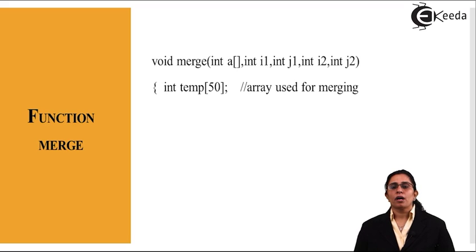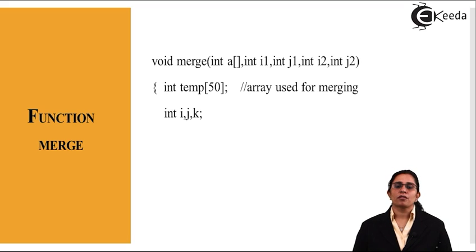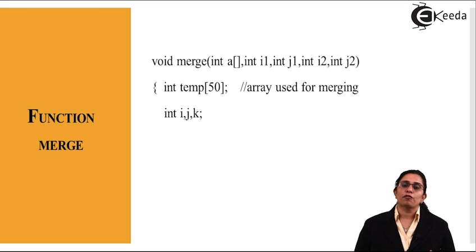Now what do I do? I again declare 3 variables i, j and k. You can see i and j are declared again in this merge function, but these variables are declared inside this particular function, so they are local to this function. It does not have any reference to the values of i and j which are used in the merge sort function.